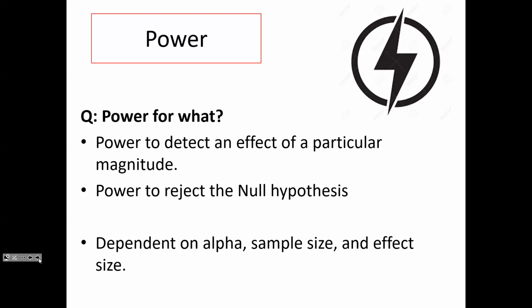The further away that you are from the null hypothesis that this effect is zero, the easier it is to reject the null hypothesis. And I'm going to show you a little bit more about why that is the case in just a second.